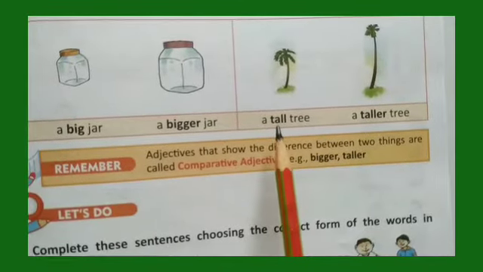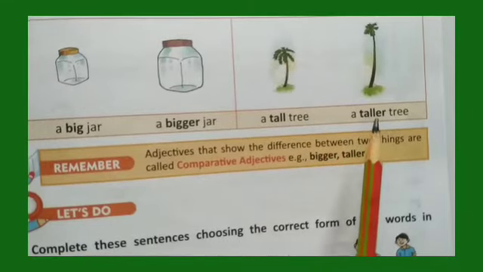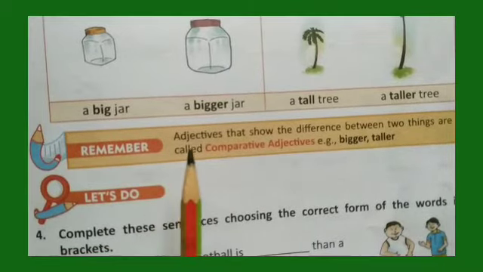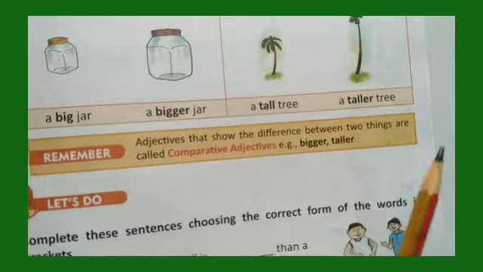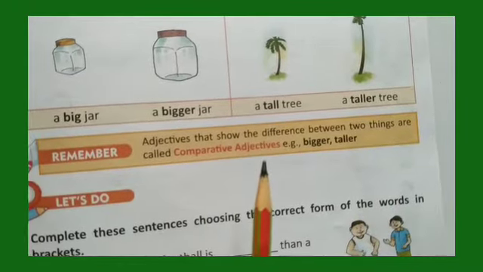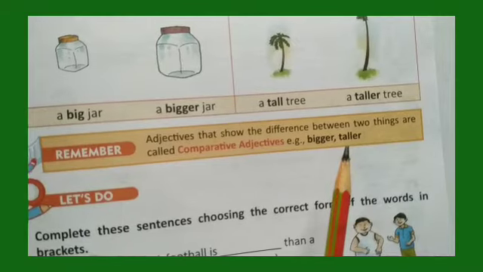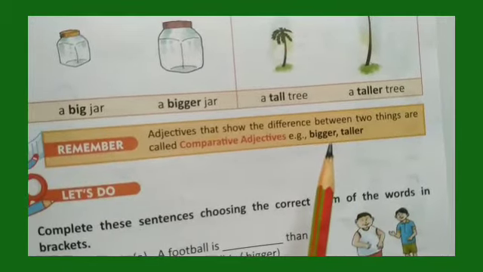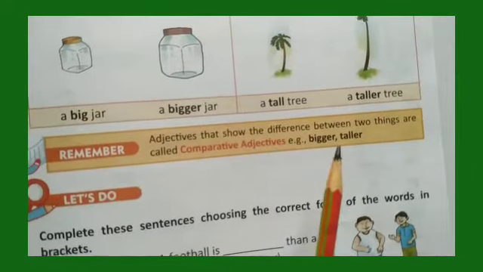So the comparative adjective of tall is what? Taller. Fine. So here adjectives that show the difference between two things are called comparative adjectives. For example, bigger, taller. Okay. In most cases, when we add ER to the adjective, it becomes a comparative adjective.